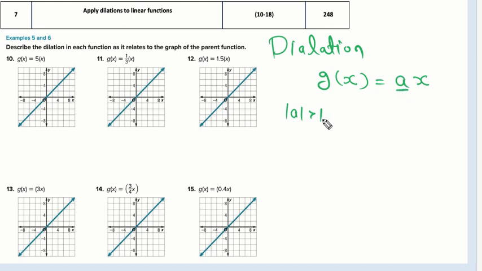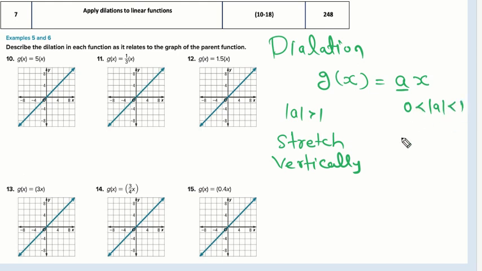If it is more than 1, then you will call it stretch vertically. And if this constant is between 0 and 1, then it will be compress vertically.